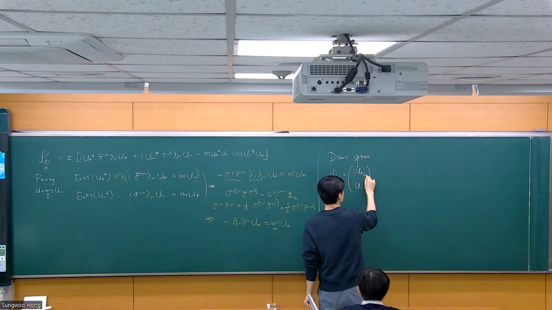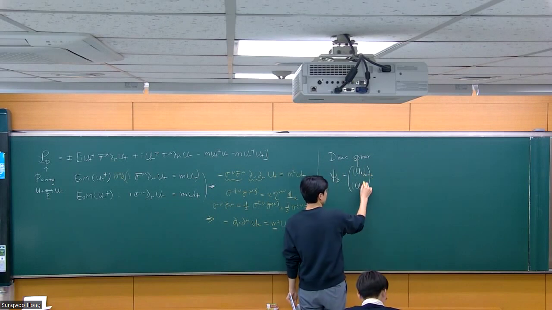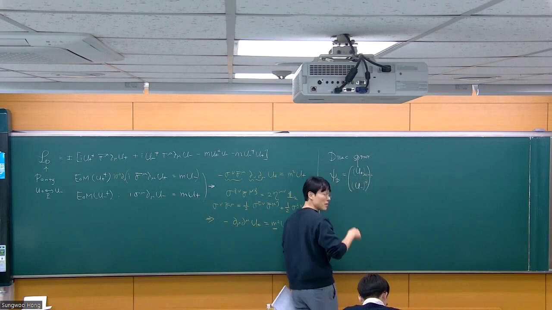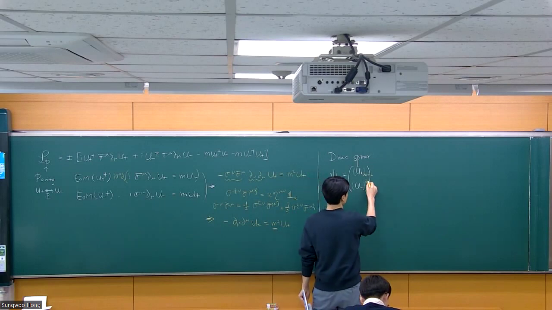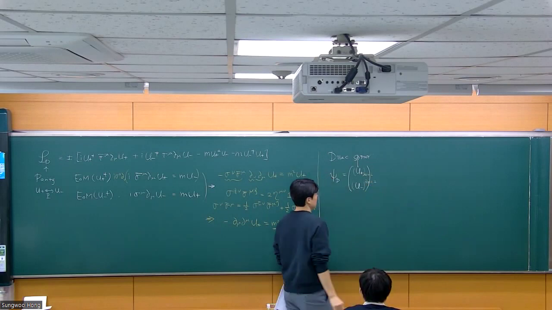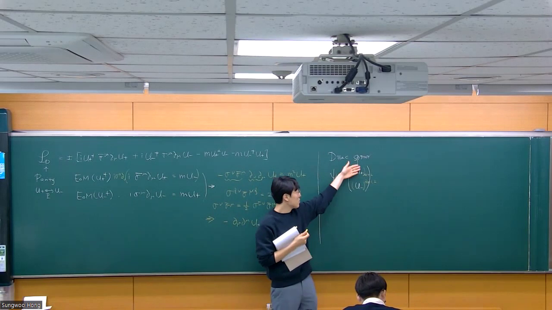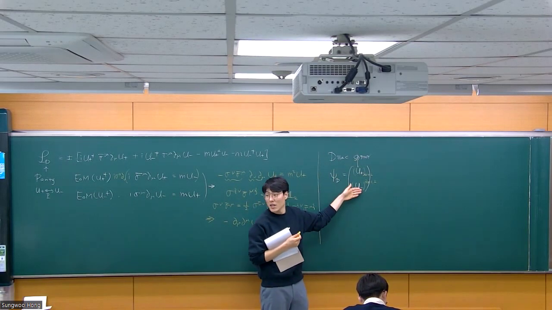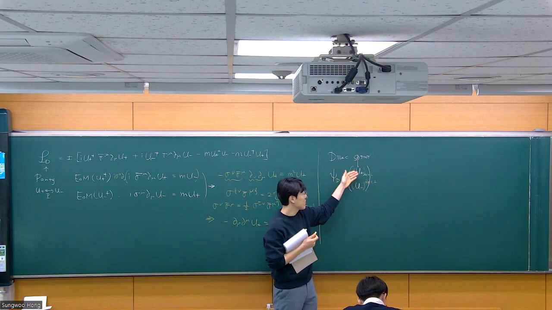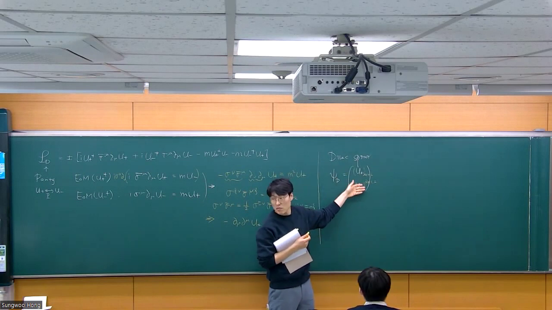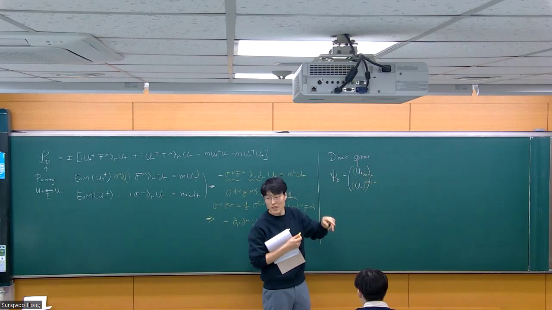This u plus is a 2-component spinor, so it has components 1 and 2. And then I also introduced this notation, alpha dot, even though I didn't go through it comprehensively. By which I mean, I'm just going to compose now a 4-component column-vector-looking object. The upper 2 components come from the negative velocity state. The lower 2 components come from the positive velocity state.